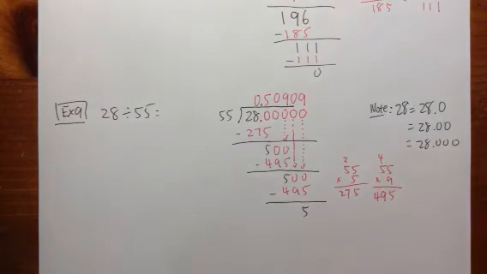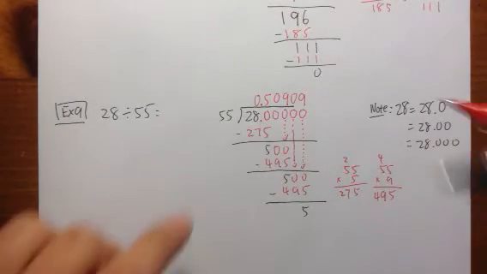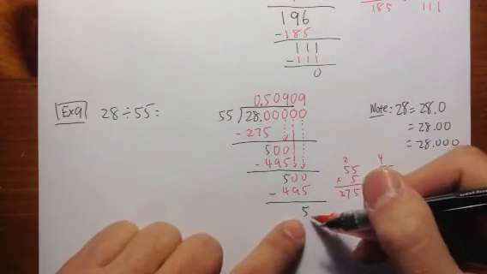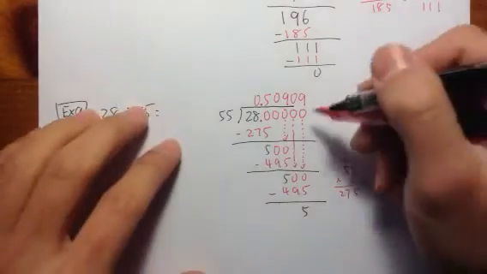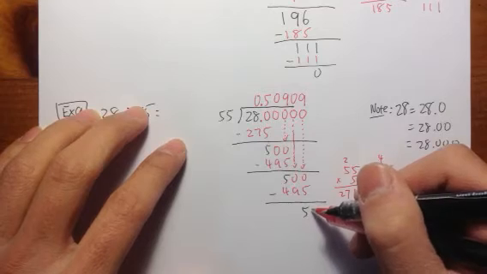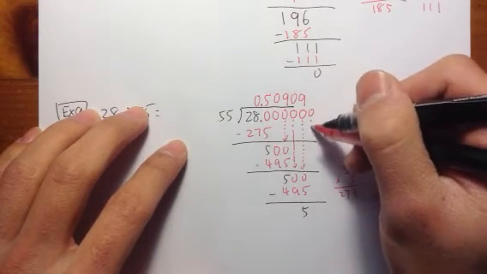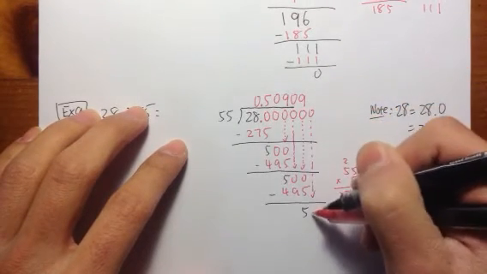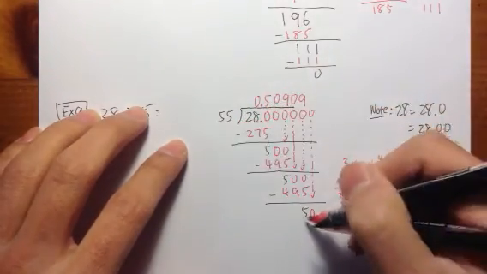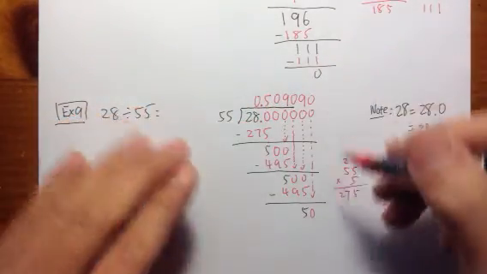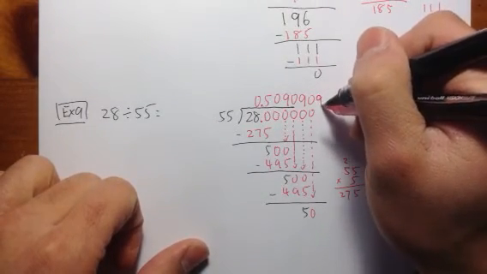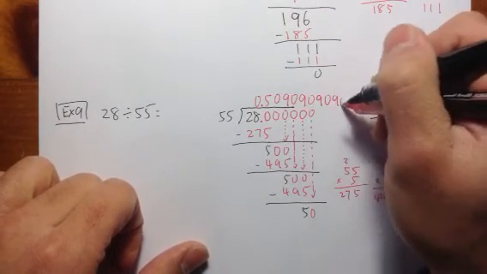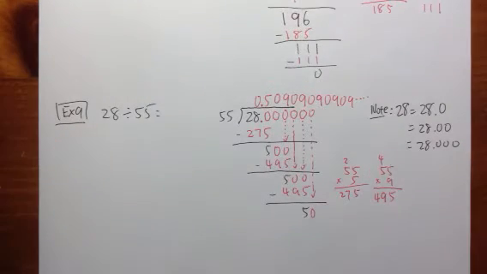And then the process will repeat. You're always going to get a 5 right here, and then you have to put another 0, and so on. So the next number will be 0, since 55 goes into 50 0 times. And without doing any more calculation, you know you will be having 9 after that, and then 0, and then 9, and then 0, and then 9, and it keeps on going forever.